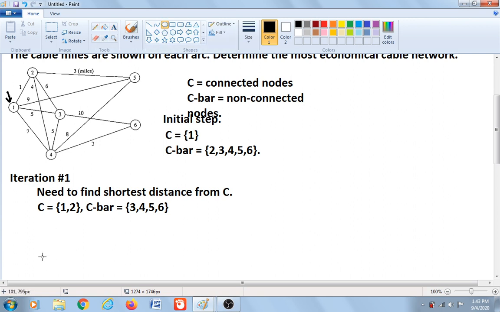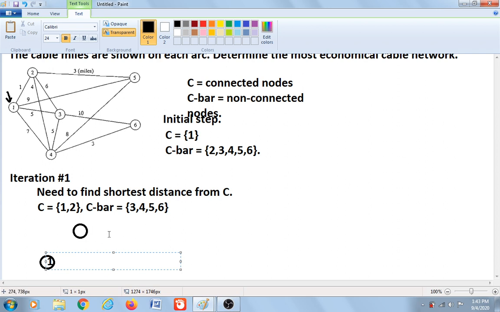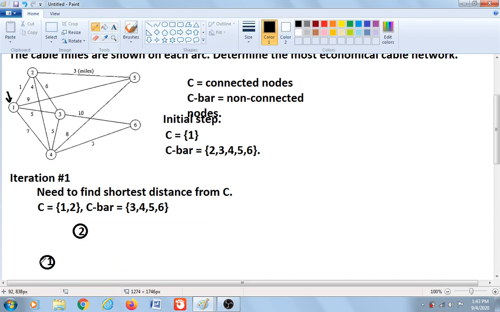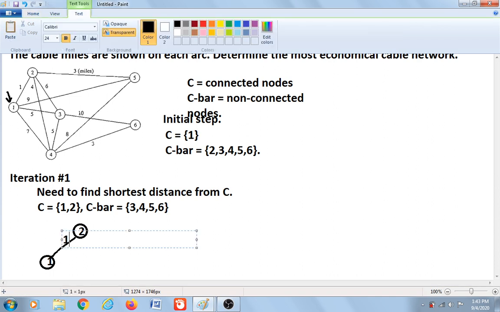So we connect 1 and 2. That's what we have from iteration number 1, and this is the first connection that we have, and the distance is 1.